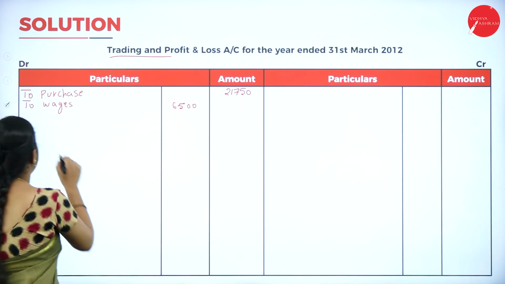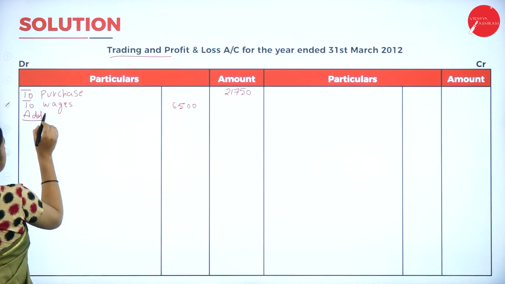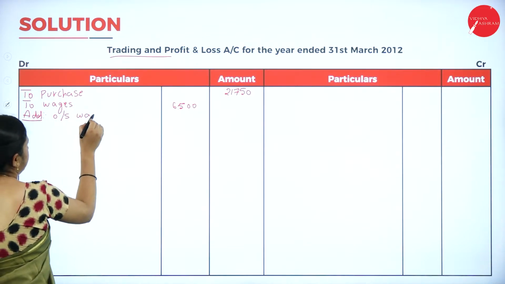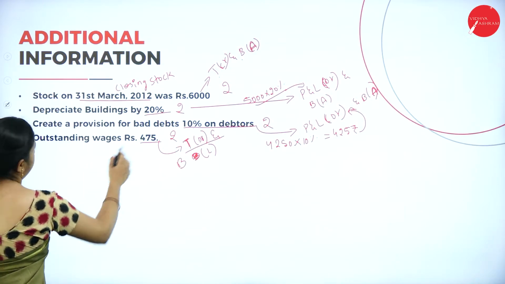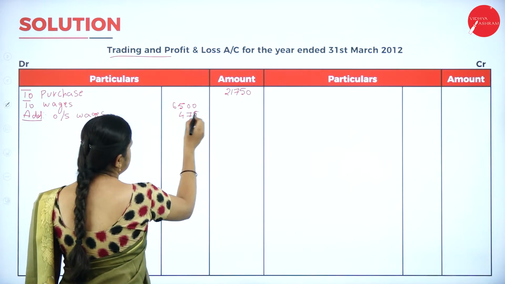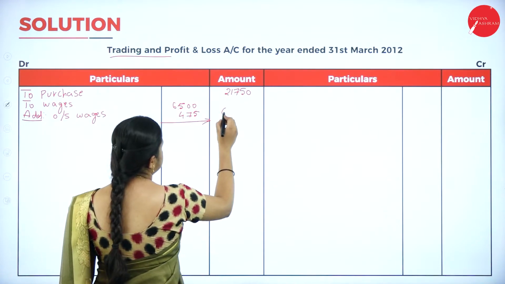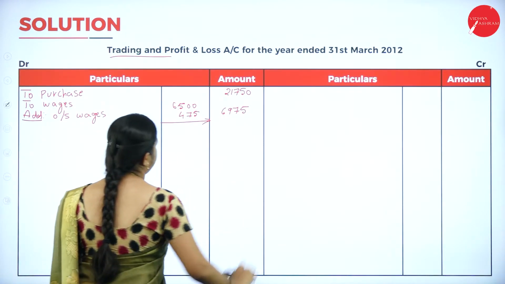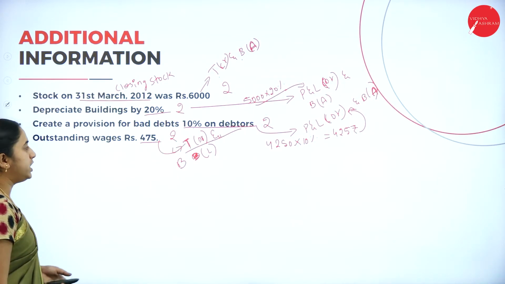Then we have outstanding wages. Outstanding wages you need to add with wages, rupees 475. Just make a total: 6,975. So we finished one entry for wages.